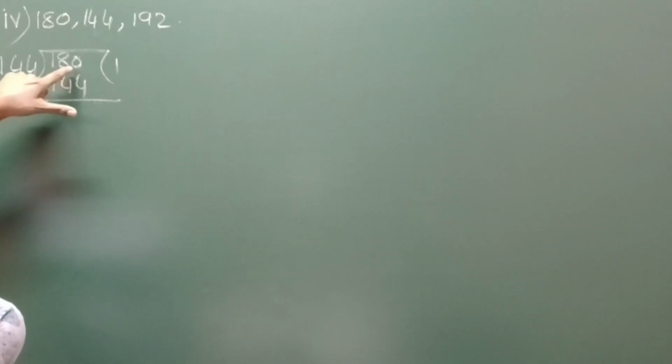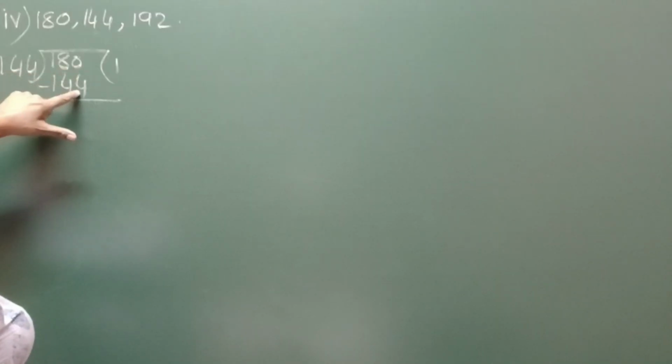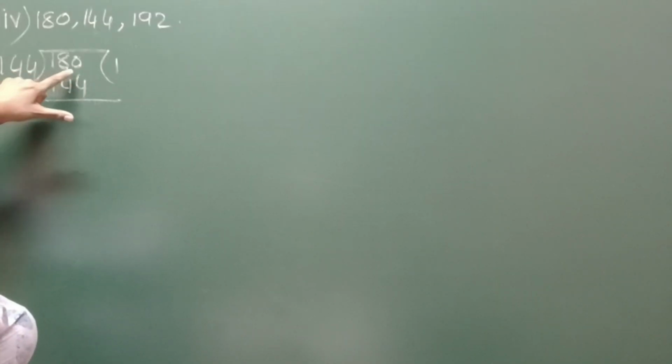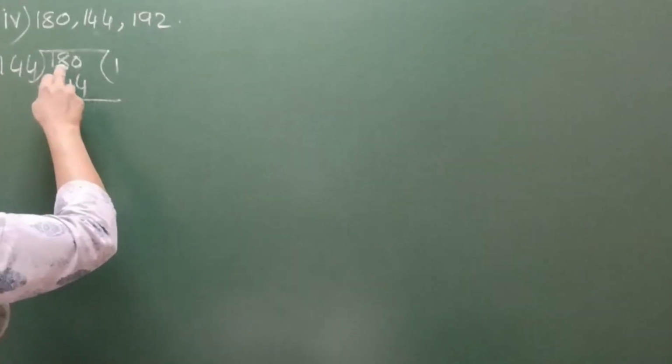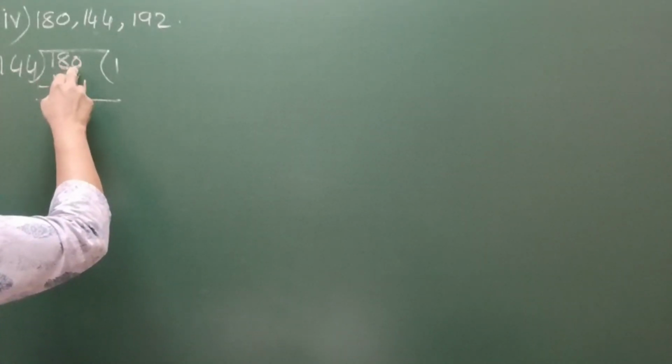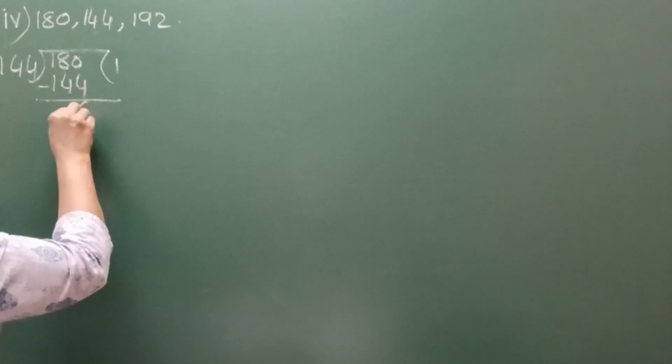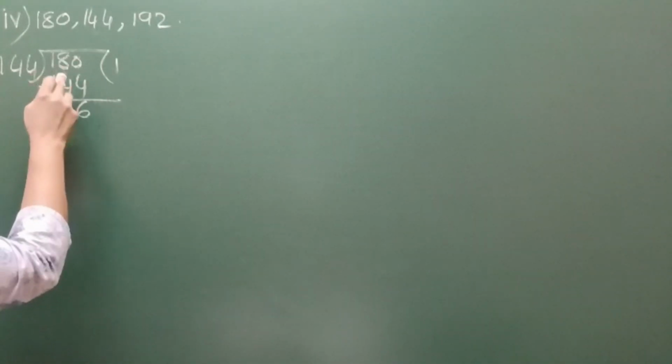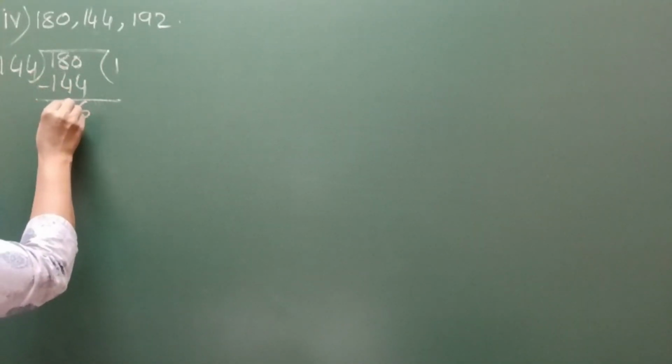Subtract. 10 minus 10, how did it come 10? Here it is only 0. From 0 we cannot subtract 4. So we have to borrow from here and make it 10. Okay, that is what 10 I said. 10 minus 4 is equal to 6. Remaining 7. 7 minus 4 is equal to 3.